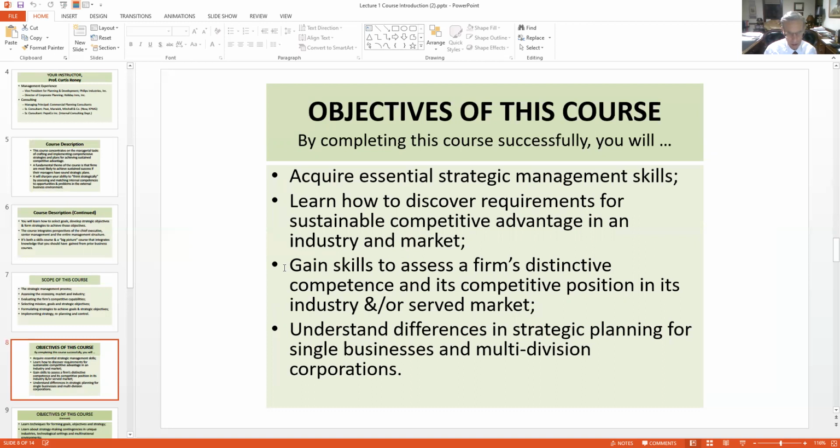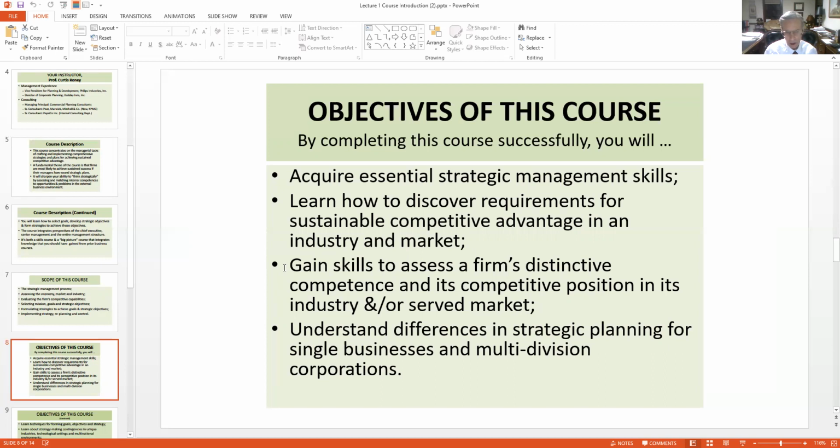Instead, what we're trying to accomplish is long-term sustainable competitive advantage by developing those capabilities, making them excellent, and making them fit the external environment that the firm competes in. So we're going to gain skills to assess a firm's distinctive competence and its competitive position, and understand differences in strategic planning for different types of companies.